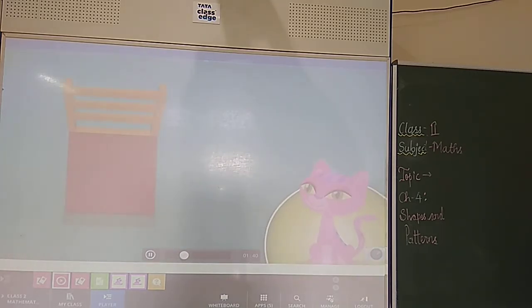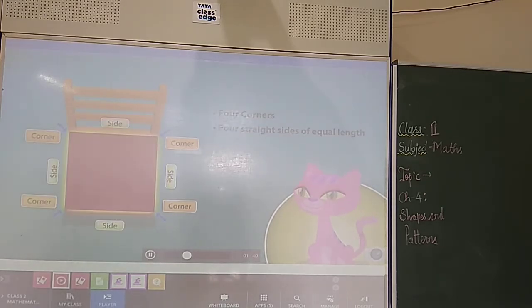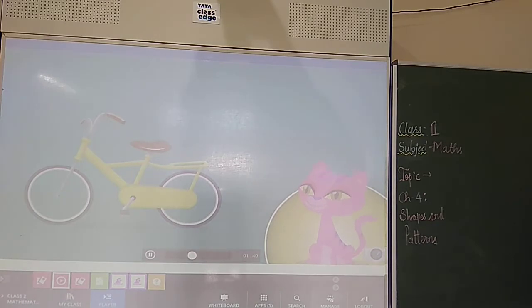Look at the seat of this chair. 4 corners and 4 straight sides are there. With all sides equal, we know it's a square. Hey, look how I roll this wheel on the ground. Here's one curved side, but no corners are found. It's called a circle, but it's perfectly round.